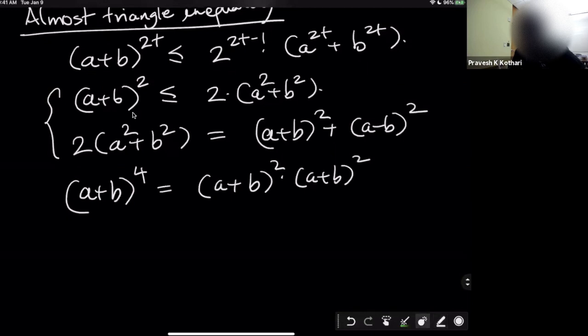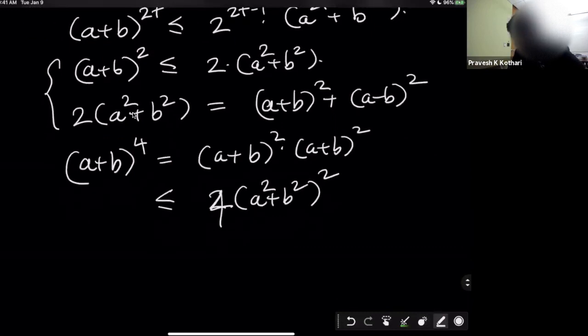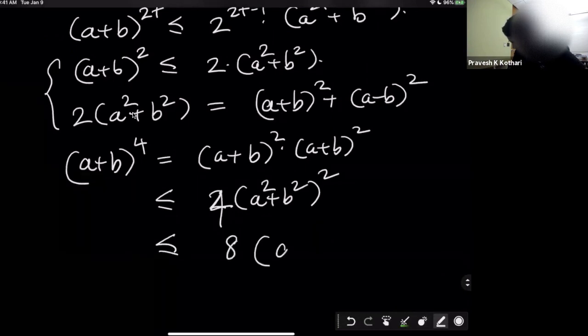And then I apply this inequality that I proved to both those terms. Then I apply the inequality again to a squared and b squared instead. So I get that this is at most 8 times a to the 4 plus b to the 4.